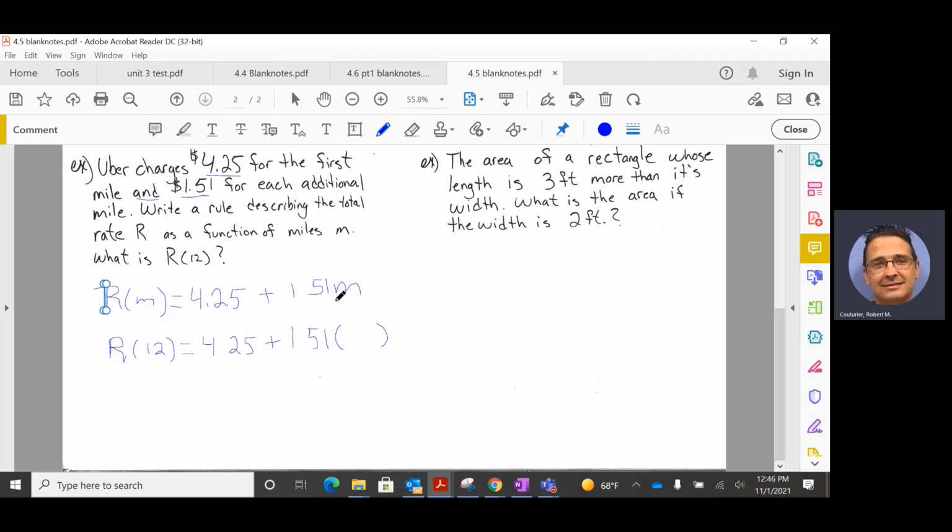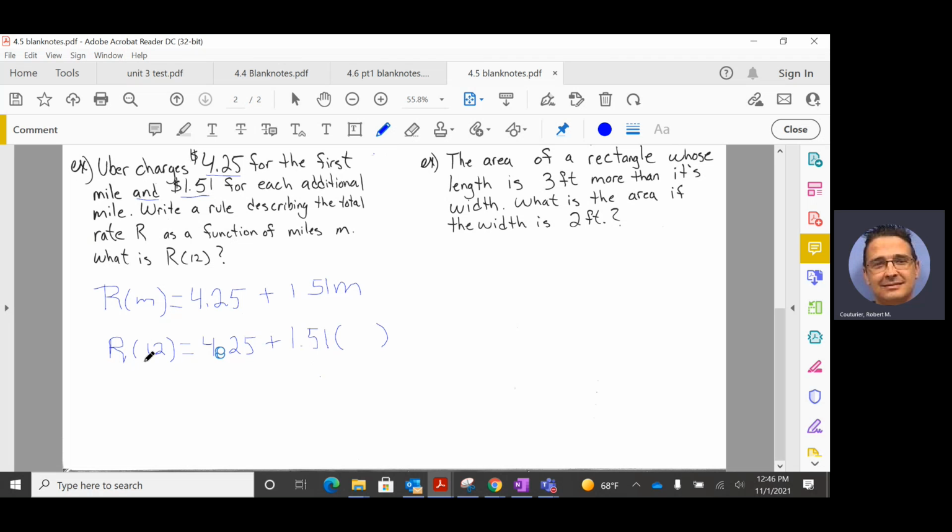This is actually leading up to our next lesson. They're tricky, these textbook writers, right? Let's think about this. Your total trip is 12 miles. According to our formula, the first mile is 4.25. Each additional mile is $1.51.